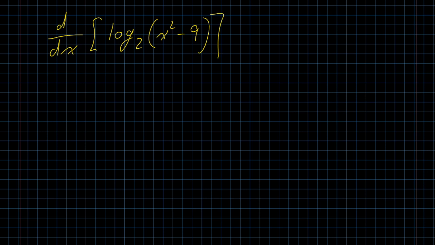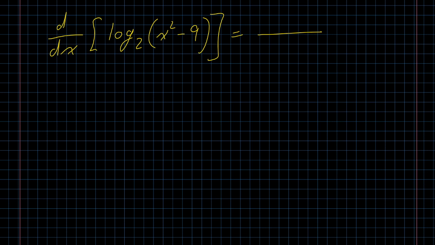All right. So let's dive in here and take the derivative with respect to x of, say, the log base 2 of, I don't know, x squared minus 9. Well, the rule says when we're taking the derivative of a logarithm, we're going to end up with a fraction.